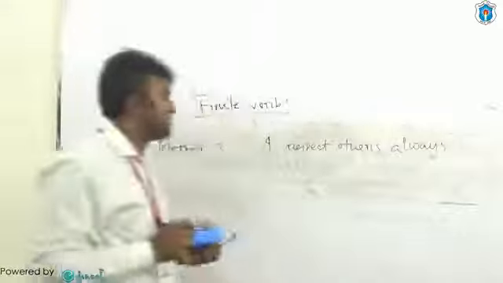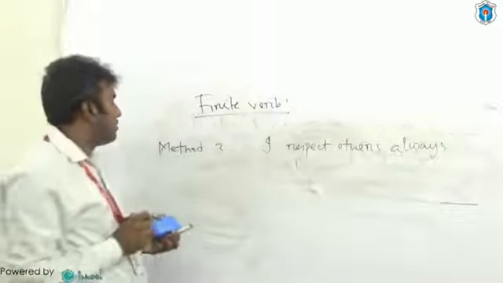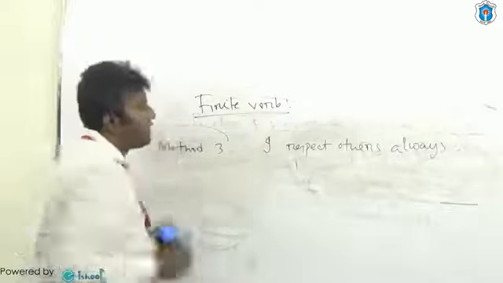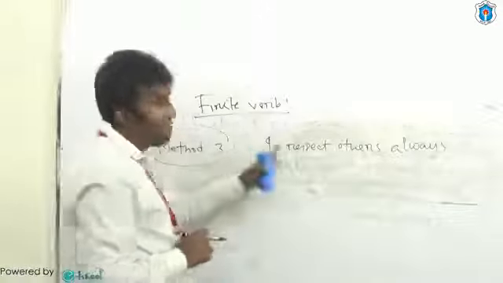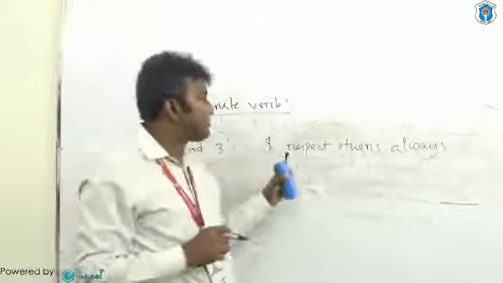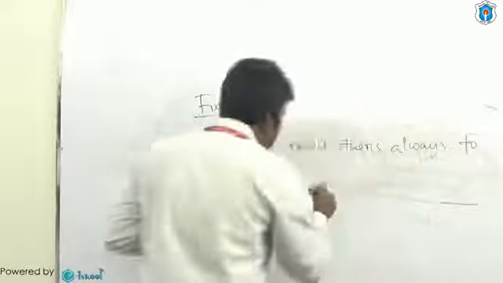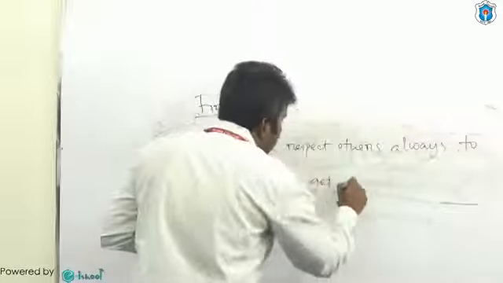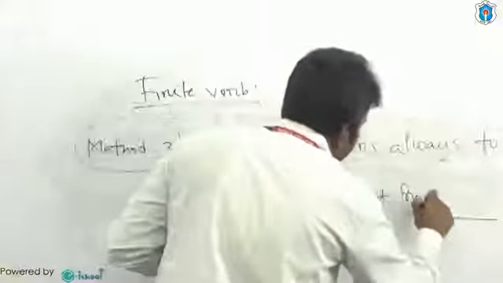Dear students, আমরা এখন মেথড নাম্বার 3 দেখব। এই মেথড নাম্বার 3 দিয়েও ফাইনাইট এবং নন ফাইনাইট ভার্ব চেনা যায়। আমি বোর্ডে একটা example লিখেছি, I respect others always to get respect from them.